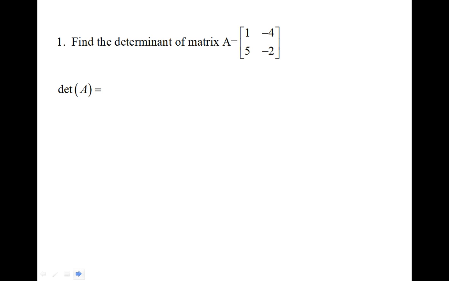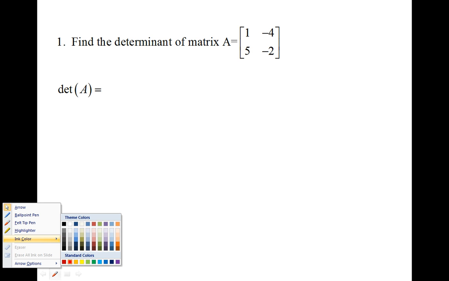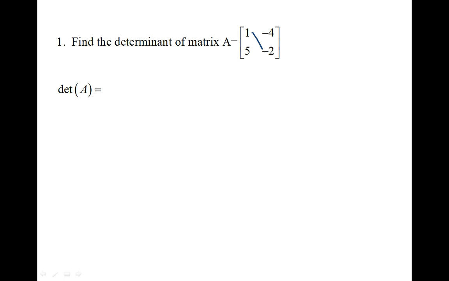So if we want to find the determinant of this 2 by 2 matrix, we're just going to do 1 times negative 2 minus negative 4 times 5. So the determinant of A will equal 1 times negative 2 minus negative 4 times 5.